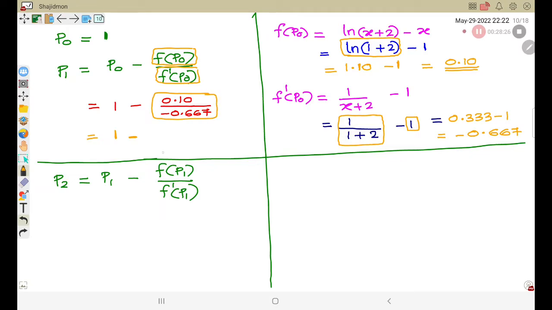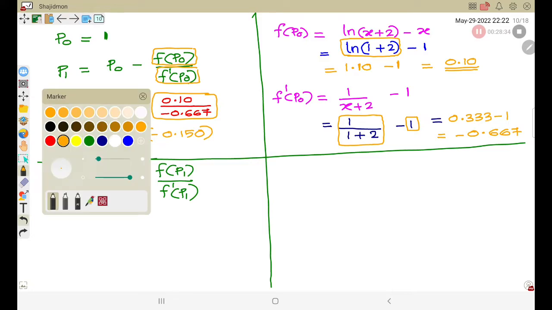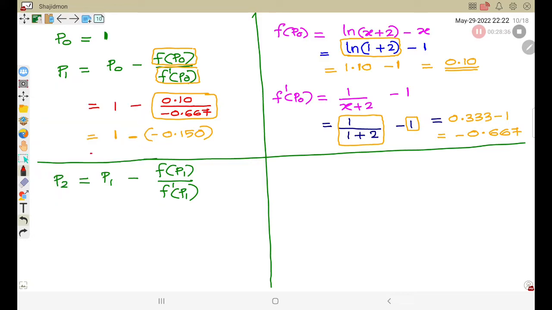Okay, we will get minus 0.150, 3 digits rounding. Okay, now after that we are writing what is the total value. P1 value equals 1.15. I hope you got. Okay, all these steps rounding very careful because it is 3 digits rounding this question. Okay, 1.15. Now we need to go to calculate P2 number.